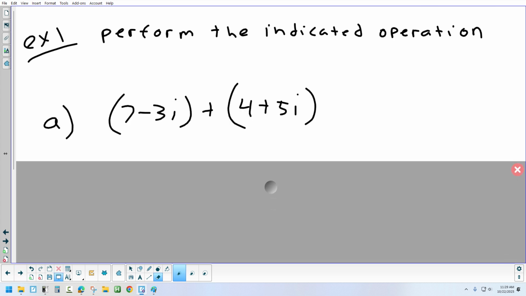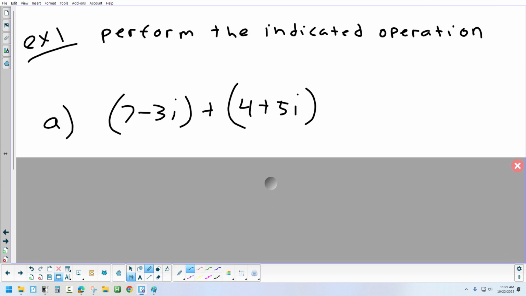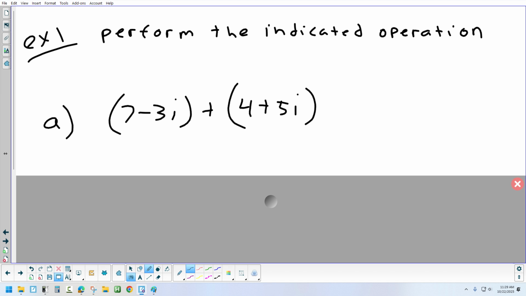Okay, let's do an addition problem. So addition problem is like combining like terms. You can combine real with real, and you can combine imaginary with imaginary. And the way you're combining them this time is addition. If we add these together, what would be the real part in my final answer?